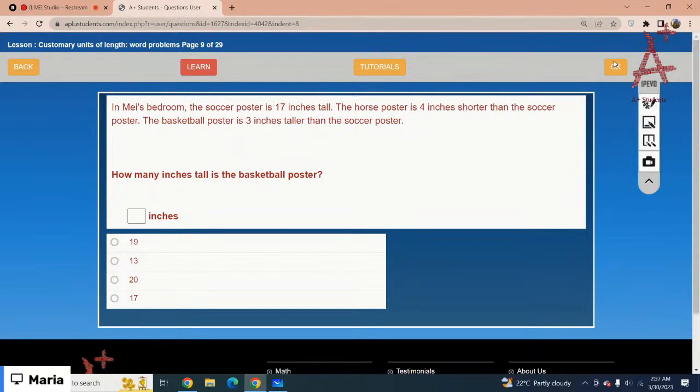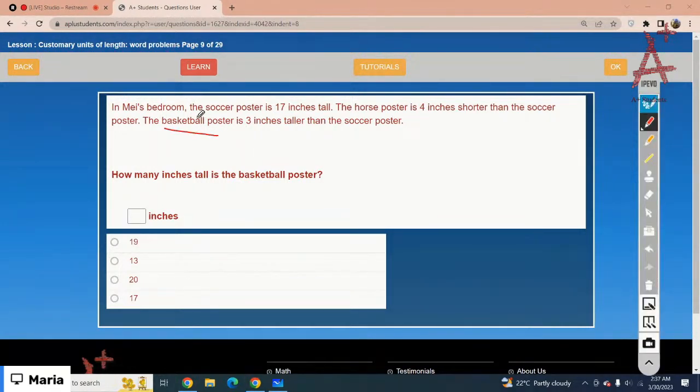Basically, you have to calculate the length of the basketball poster. So the basketball poster is 3 inches taller than the soccer poster. Basically, you have to calculate the length of the soccer poster. Soccer poster is 17 inches. So 3 inches taller means you have to subtract 3. So 17 minus 3 equals 14.